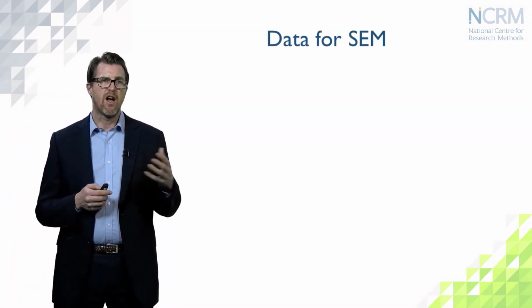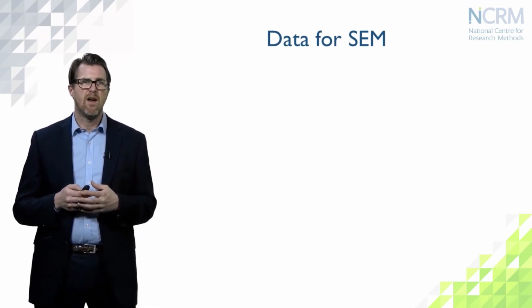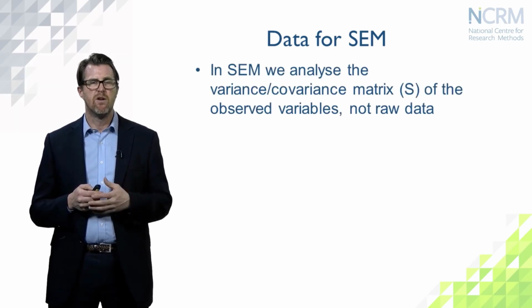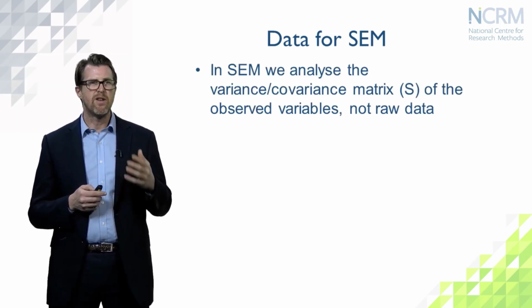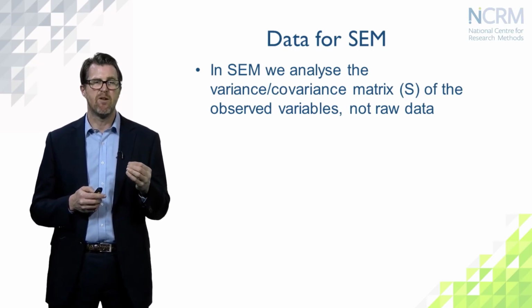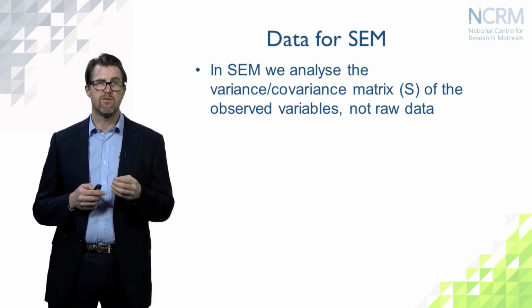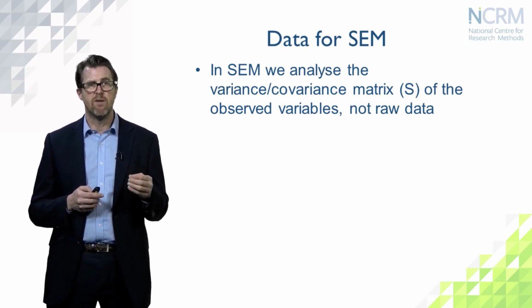Another, if you like, unusual feature of SEM is that in conventional practice, we don't analyse the raw data of the observed variables, but we analyse the variance-covariance matrix, which we'll denote S, of those observed variables.